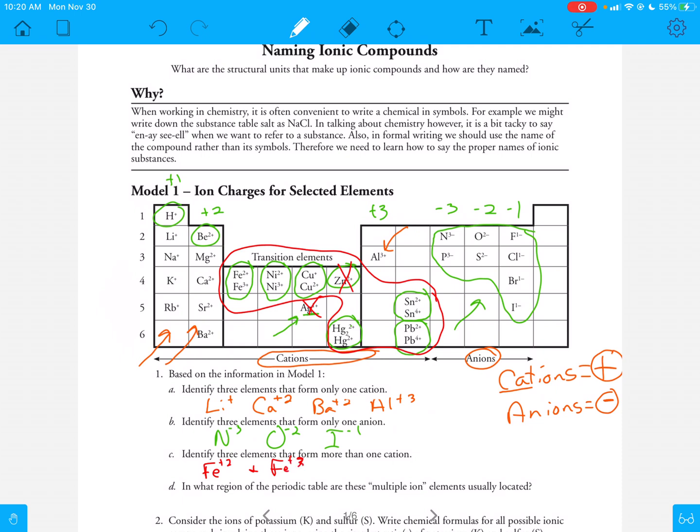It does both of those. Okay, there's nickel. Nickel can form a +2, or it can form a nickel +3. And then a third one, let's do copper. Copper can form a +1, or copper can form a +2. So, there's just some examples of 3 elements that form more than one cation.